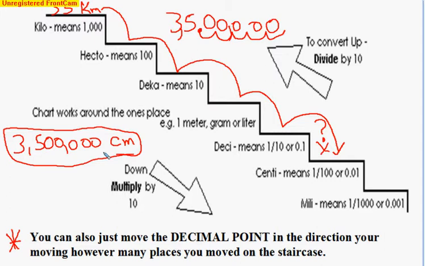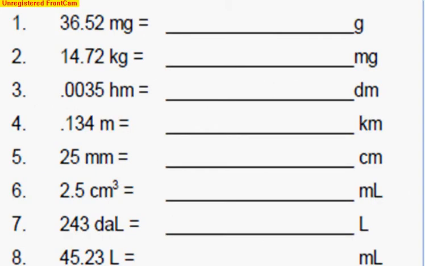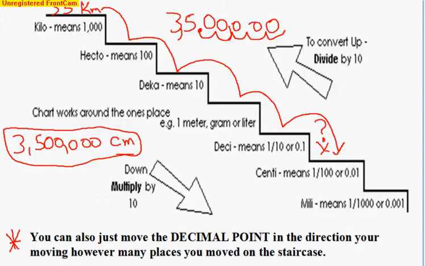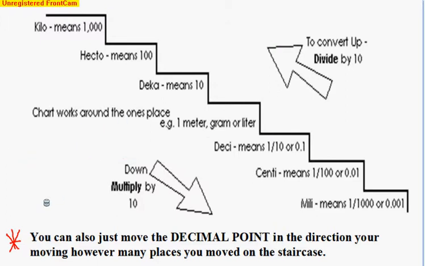Now, what can we do with that? If we go to a couple practice problems real fast. We look at number 1. We have 36.52 milligrams. We've got milligrams, we're going to grams. So if we go back to this slide, we are starting at milligrams, and we're trying to get to grams.